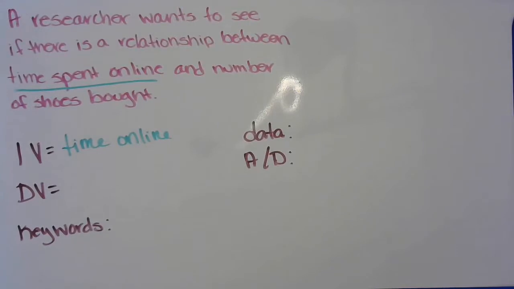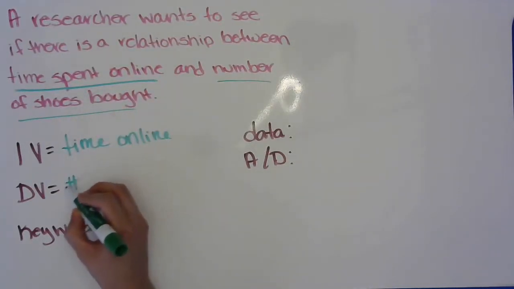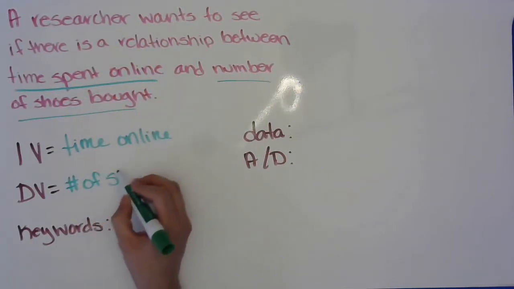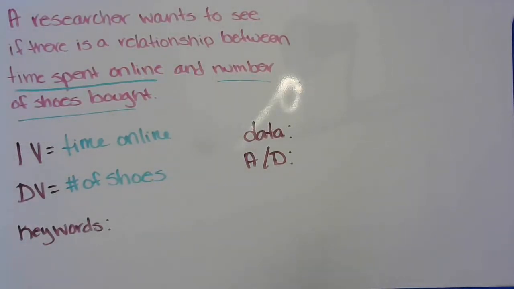Okay, now that we know that, what is our dependent variable? What is it that at the end of the research, the researcher is looking at, is measuring? This would be the number of shoes bought. So number of shoes.